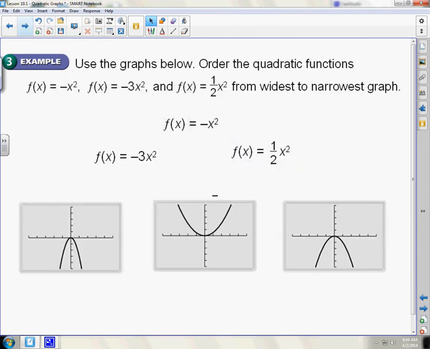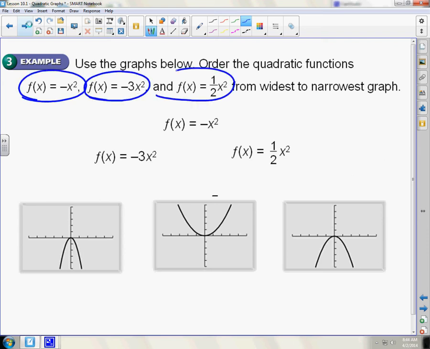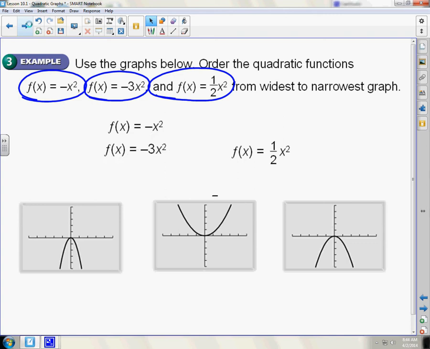Use the graphs below to order the quadratic functions. Okay, so here are 3 quadratic functions. And they want you to order them from the widest graph to the narrowest graph. You don't have to do this, just watch how I do this, okay? Now, notice that two of my equations are negative.